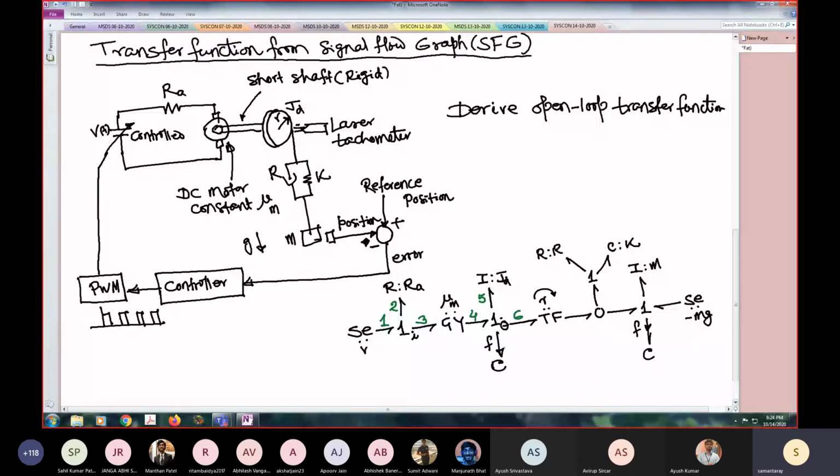I will include those afterwards, so I am not unnecessarily creating more bonds. So we have 6, then 7, let's say. Let this be 8. Let the spring be 9, this be 10, this be 11, this be 12, and this be 13. So these are our bond numbers arbitrarily given.